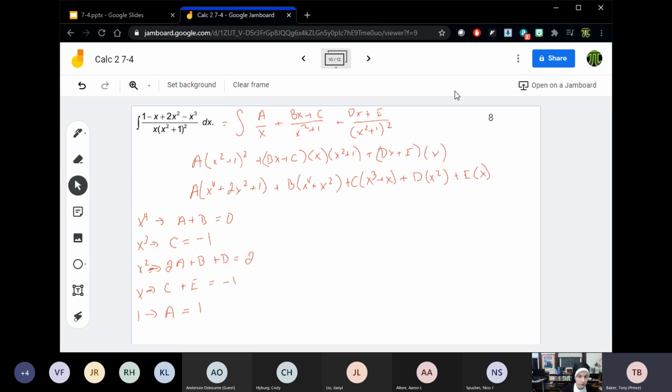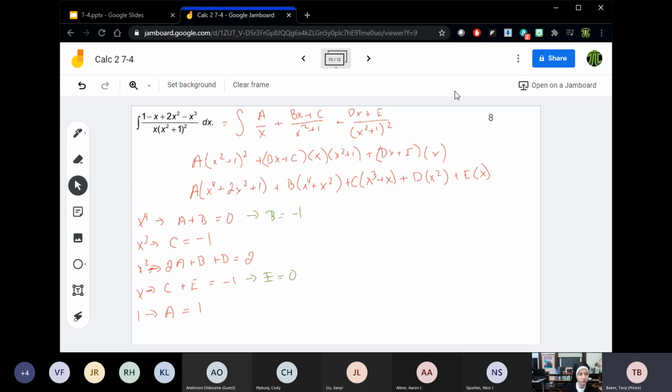So this one actually works out pretty easy the way that they've got all the letters done, because I can use those letters to find the other ones. Like I already know that A is 1, so I know B has to be -1. I know C is -1, so that means E has to be 0, because that's the only value that would work there.